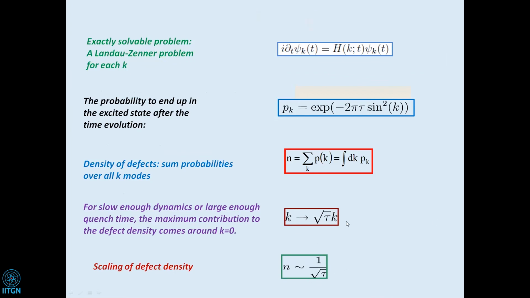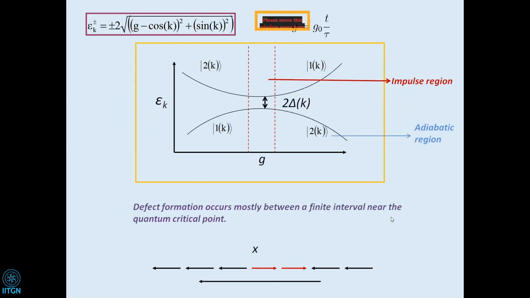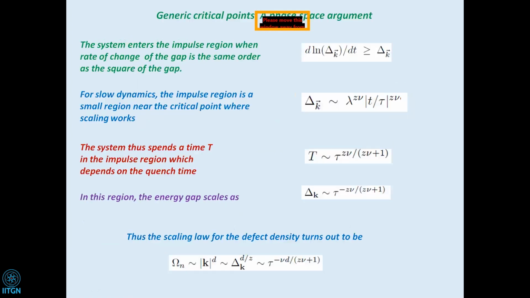So it tells you that the density of excitation goes as some power law with the rate at which you are taking the system through the transition.